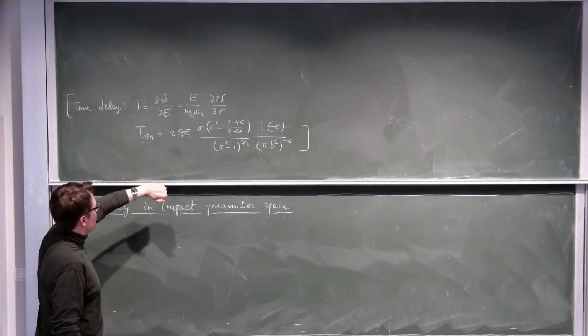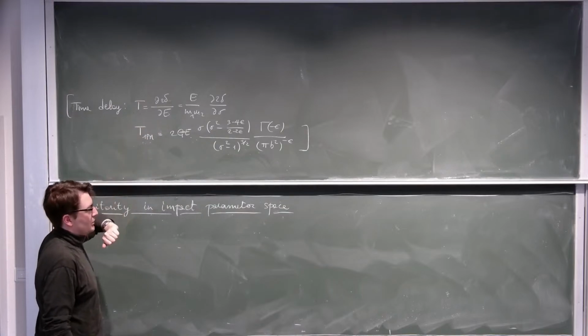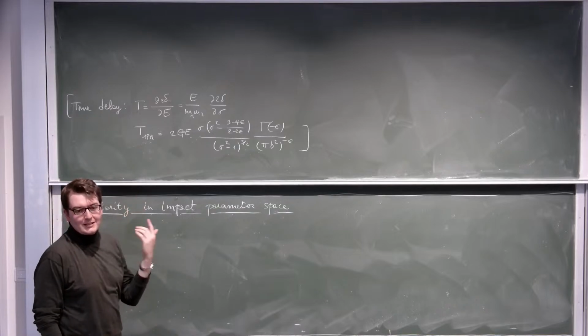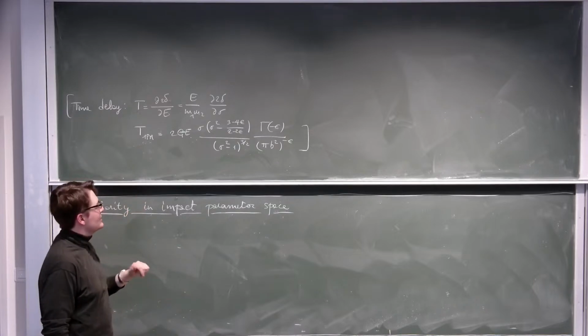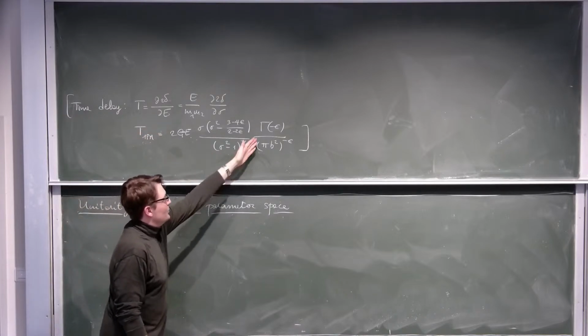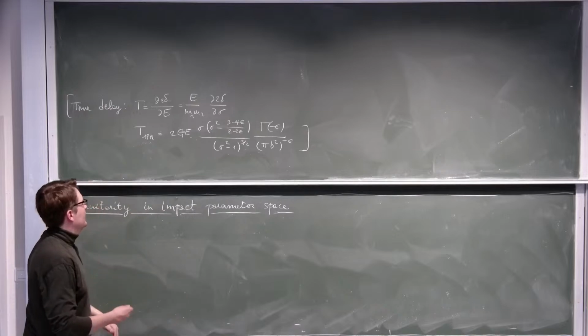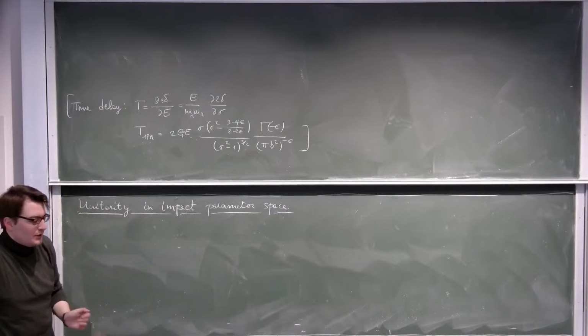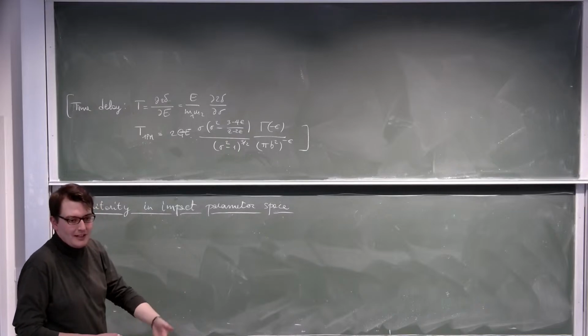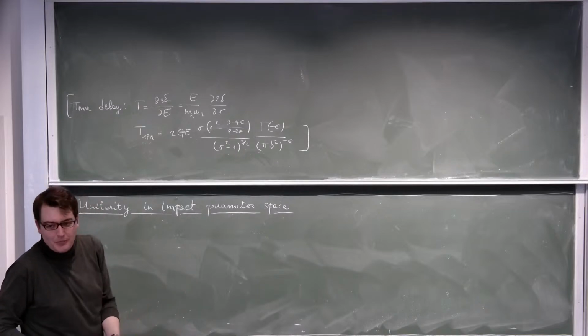And okay, the point why it is not really so interesting, especially in 4 dimensions, is that the derivative with respect to the energy does not have this nice property that we were saying. You remember that the derivative with respect to impact parameter cancels the infrared divergence appearing in delta 0, but as you can see here, the derivative doesn't help you with this infrared divergence, which means that this time delay is formally infinite in 4 dimensions, or more precisely that the only observable things are differences of time delays for processes at different impact parameters.